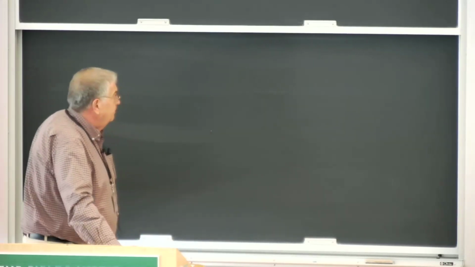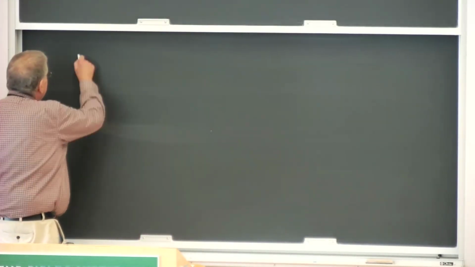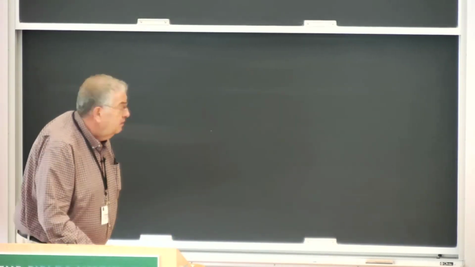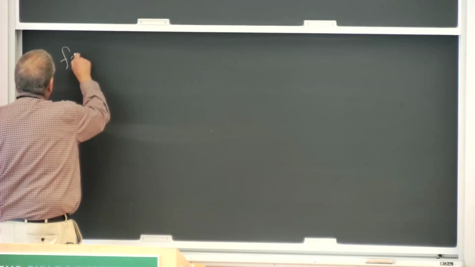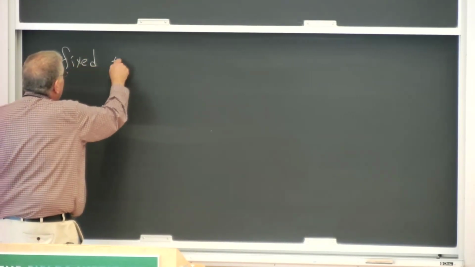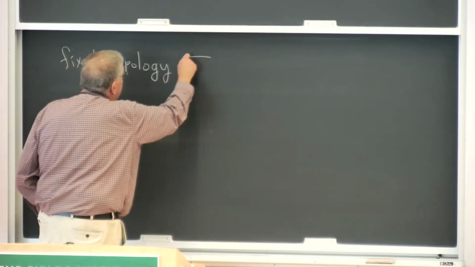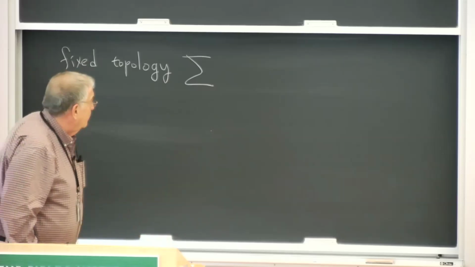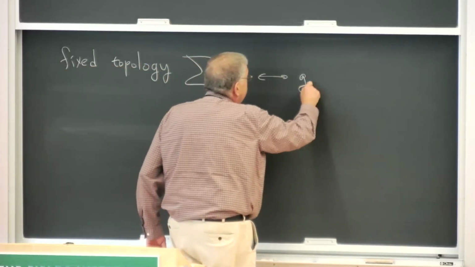Okay, so by the classification of geometric structures on manifolds, I want to describe a very general problem where we start with a fixed topology sigma, and I want to relate the fixed topology with a geometry.